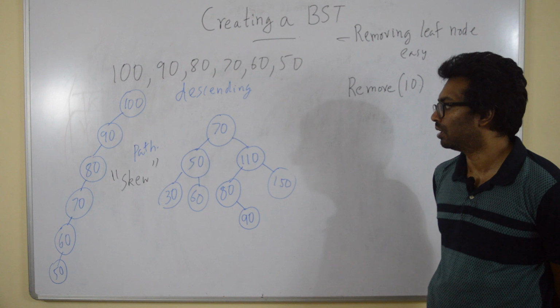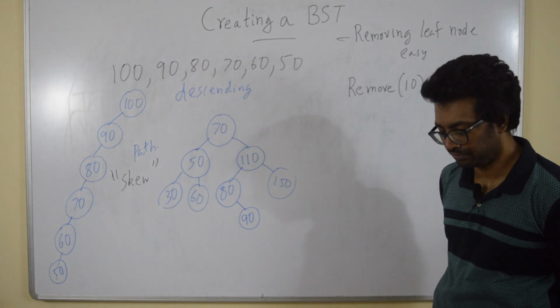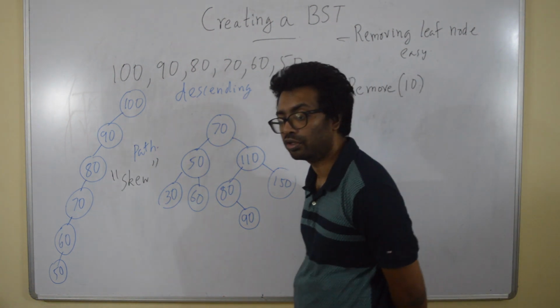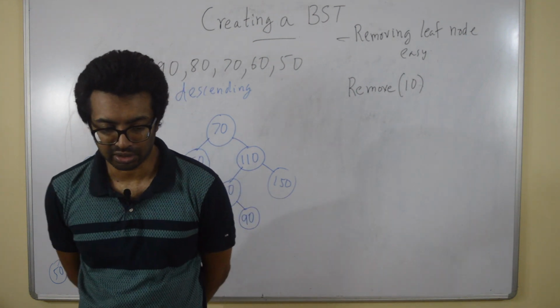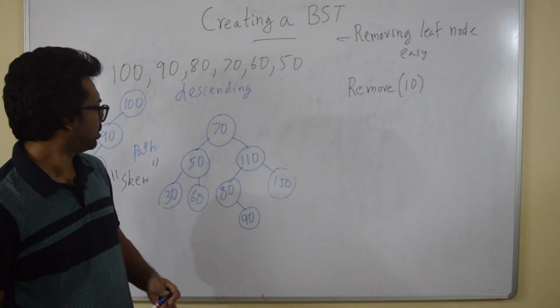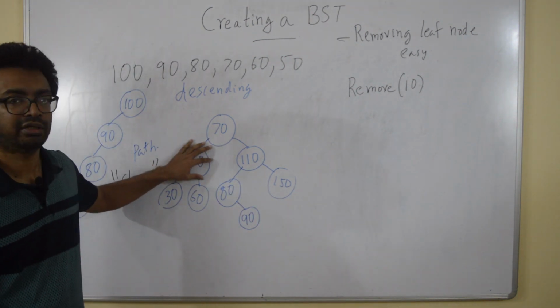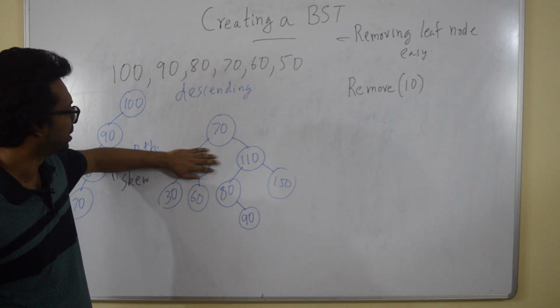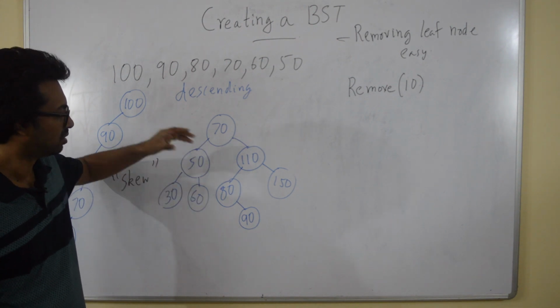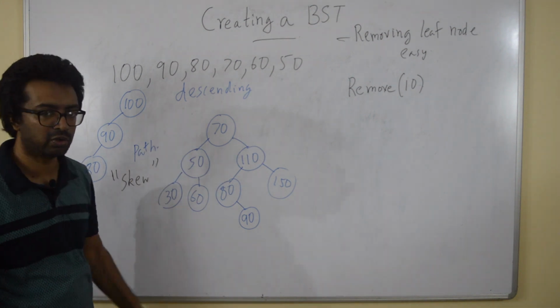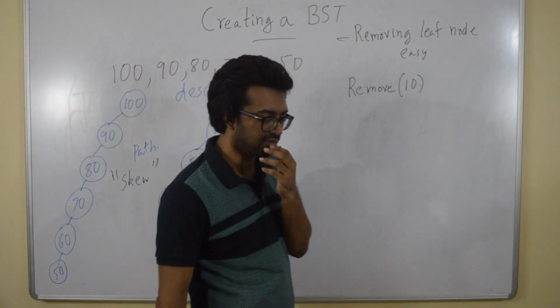If I want to remove 50, what should I do? I can't just remove 50 like that, right? Because if I just remove 50 like that, there's a hole there, there's a gap. So I can't just remove 50 like that.